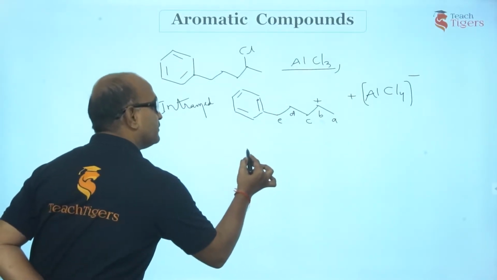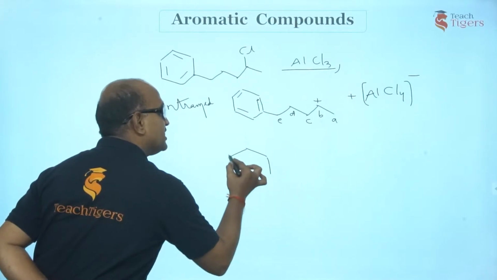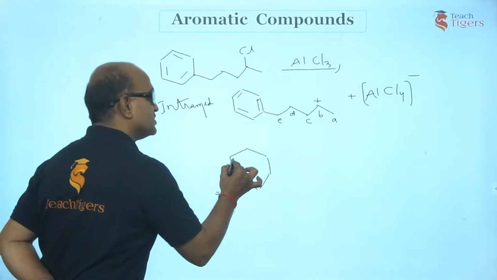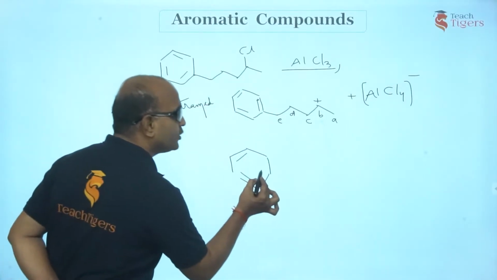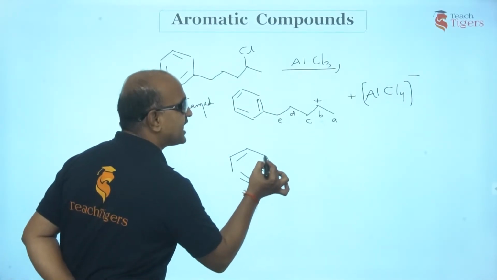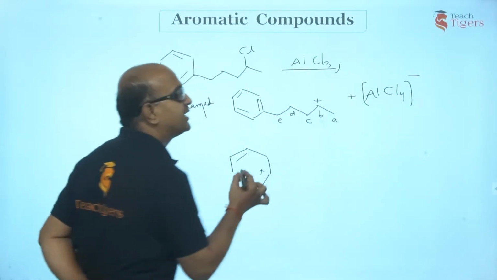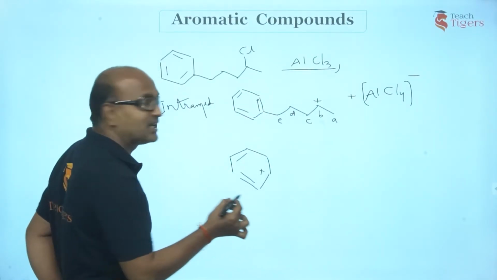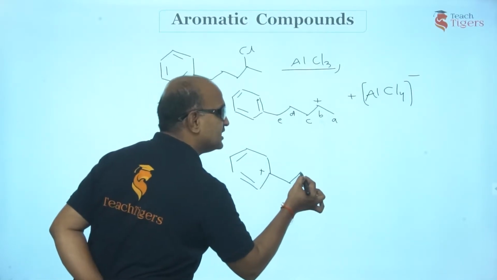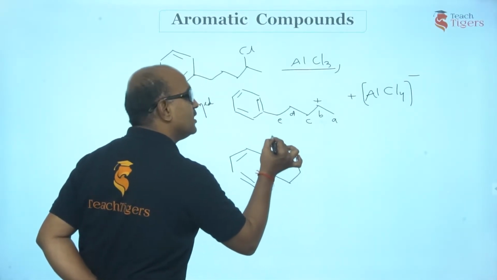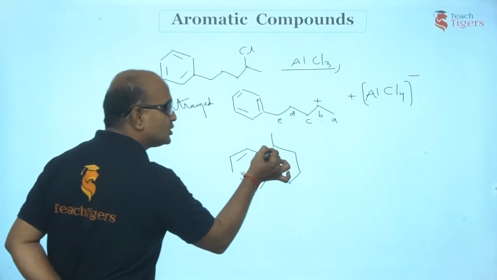Right? Now see what I'm doing. This is the arenium carbocation. So we have this and this. Here you are going to get positive and this carbon gets negative, which would be bonded to this B atom, right? So I am writing this is E, this is D, this is C, this is B. B gets bonded to this atom.